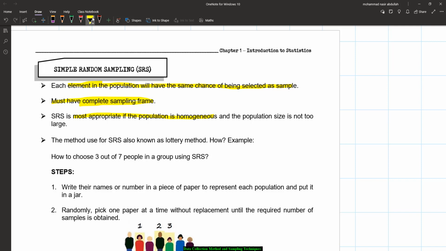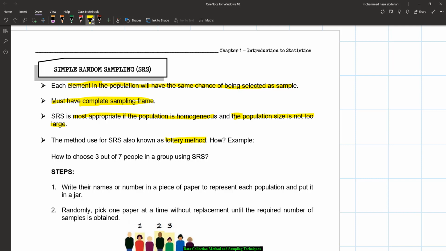It must be all students in UiTM Tapah. Another criterion of simple random sampling is that the population size must not be too large. You must be able to get a list of all members in the population.